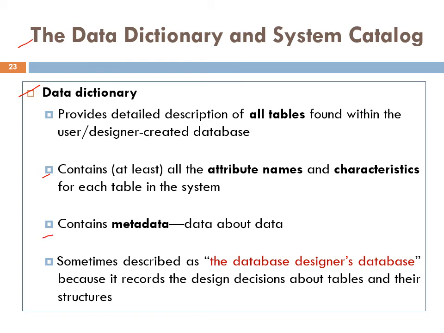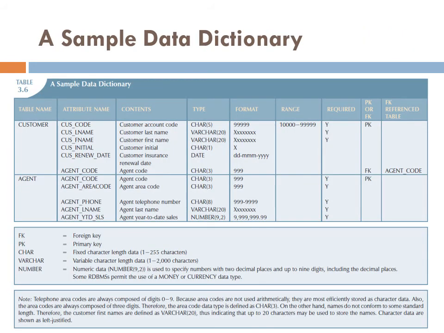It contains metadata, which is data about data, and is sometimes described as the database designer's database because it records the design decisions about tables and their structures. This is a sample of a data dictionary. The data dictionary here is referring to figure 3.4 in a previous slide, for you to get a picture of the data dictionary for the customer and agent tables.